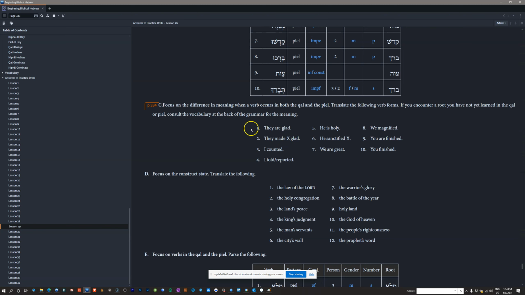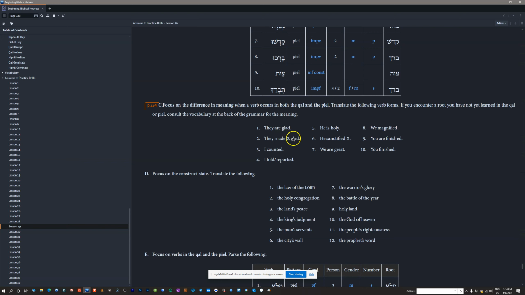So if samach means they are glad, that's stative, then simech or simach is going to mean they made something glad. So the cal would be the stative, the PL would be the causative.